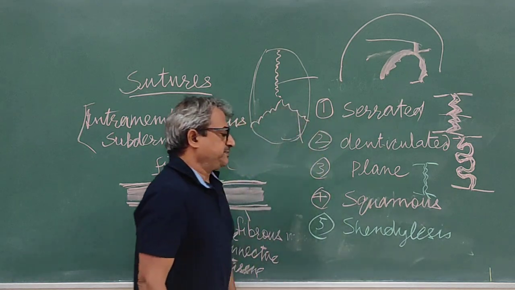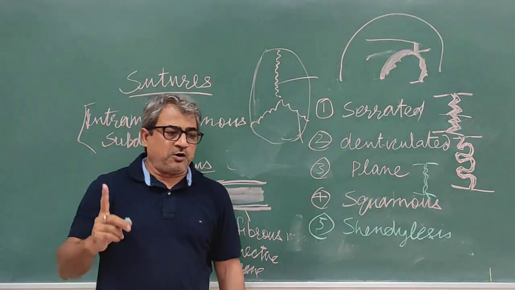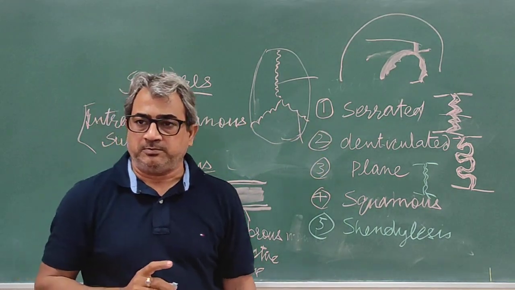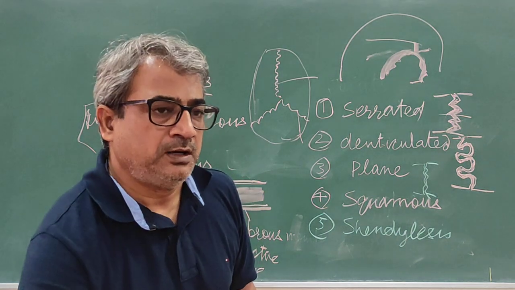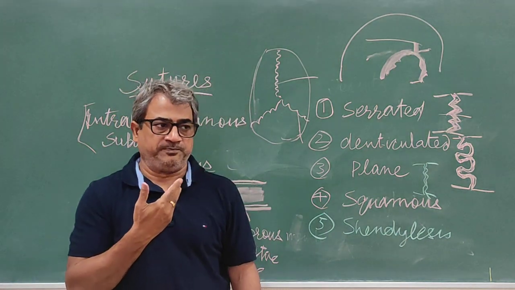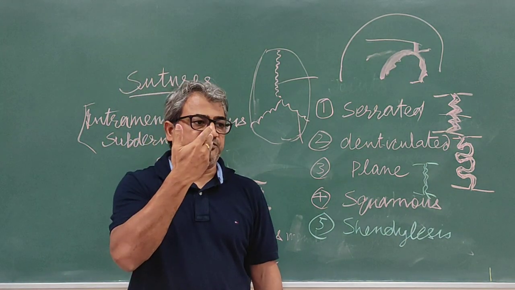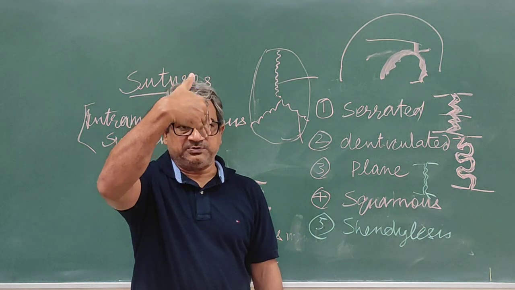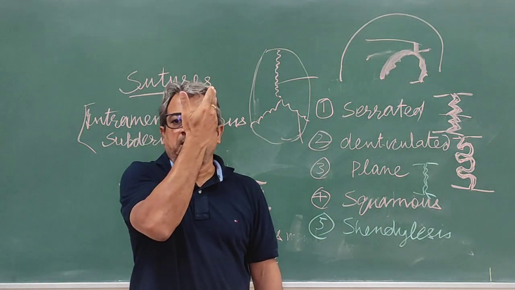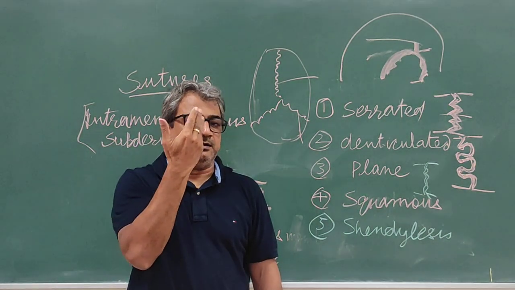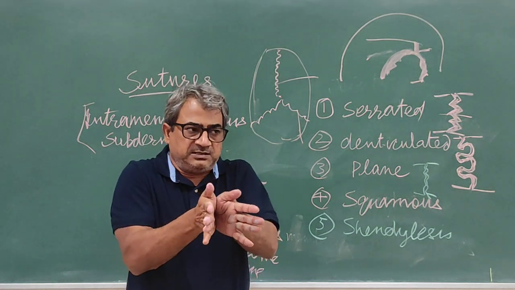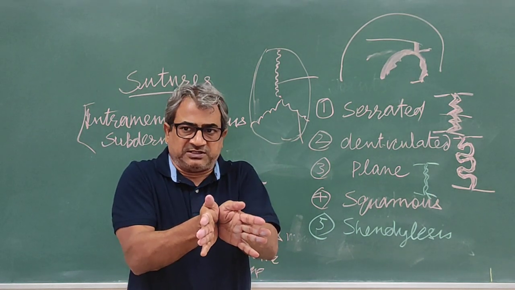Another important kind of suture is what we call schindylesis. If you recall the presence of the vomer bone, which is forming the nasal septum, there is the perpendicular plate of the ethmoid. Below that, the vomer is present. The vomer is going deep down under the sphenoid, and under the sphenoid, what is there? There is a bifurcated surface of the sphenoid.